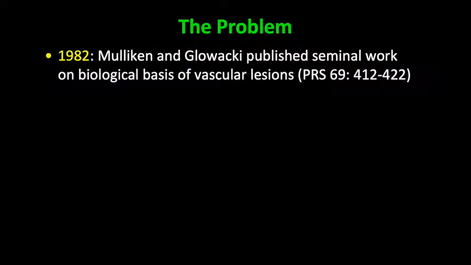Okay, but the fact is that there is a problem, and it has to do with the words that exist around vascular malformations. So, a little history. In 1982, John Mulliken and colleagues from Harvard published what was the seminal work on the biologic basis of these vascular lesions.